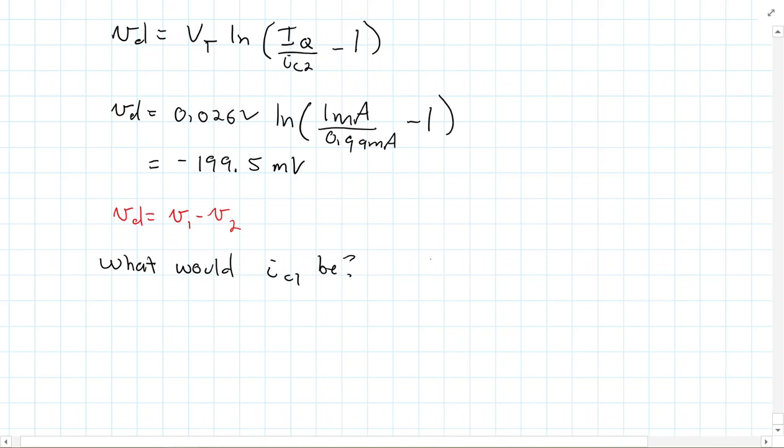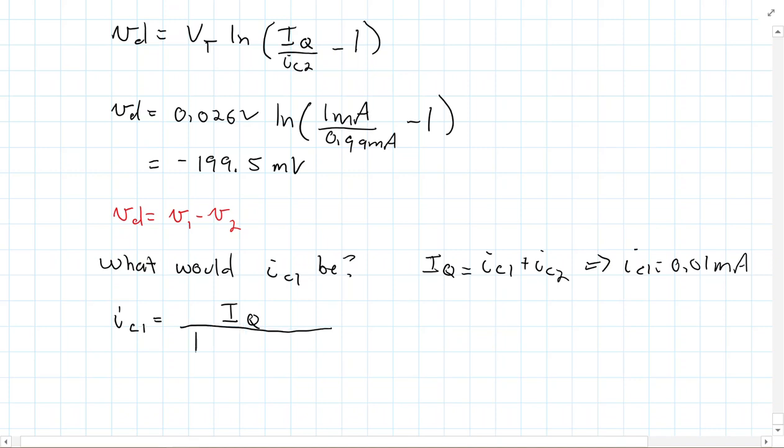Now, clearly, IQ is equal to IC1 plus IC2, which just gives us that IC1 is 0.01 milliamps. I mean, we know that, but I want to use the equation we had developed in the previous lesson, that this is equal to IQ over 1 plus e to the negative VD over VT.